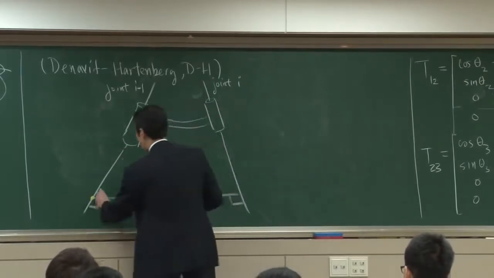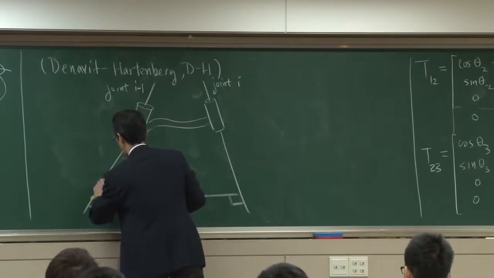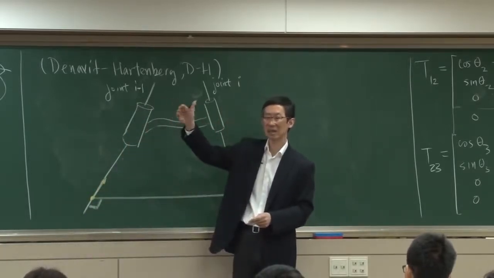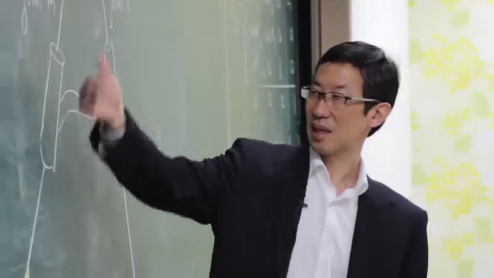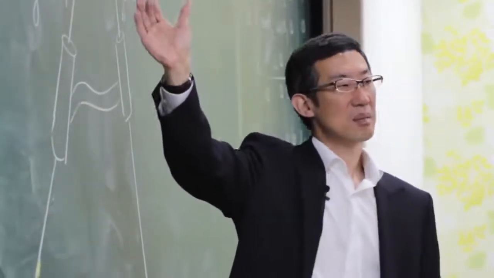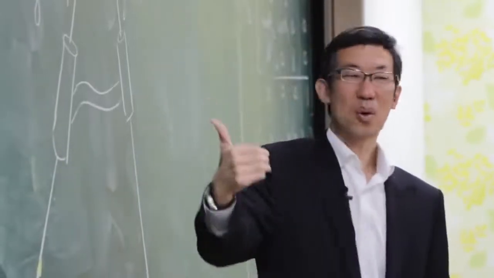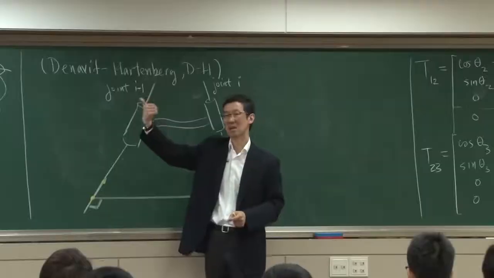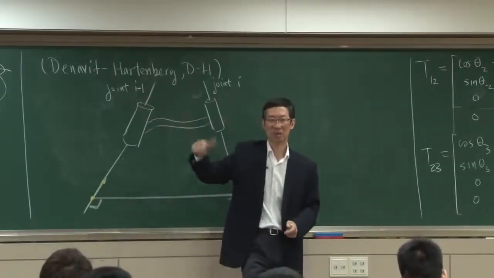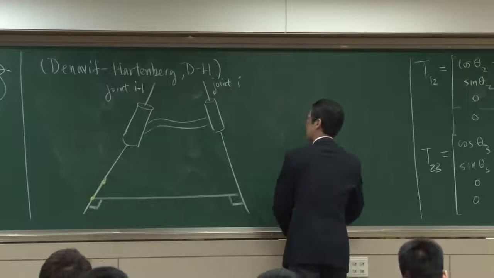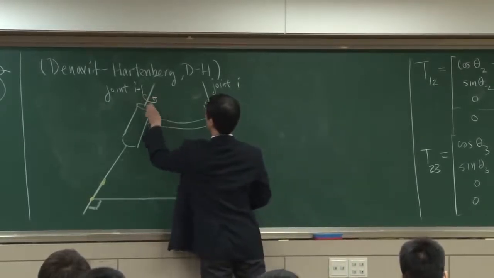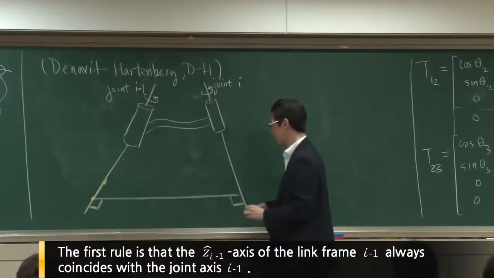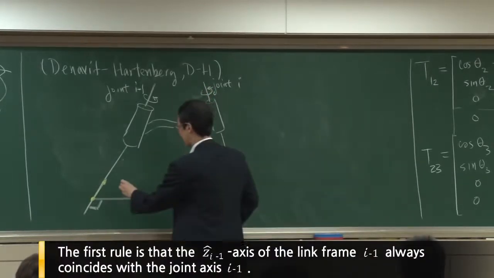Anyway, let's set the rotation to be positive: the thumb points in the joint axis direction and positive rotations are this way, the usual right-hand rule. So let's do that. So this is my z-axis.